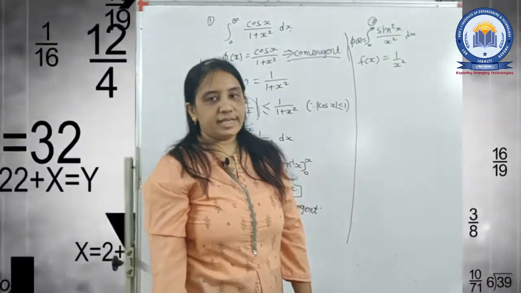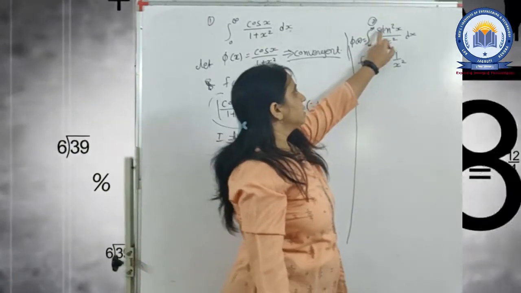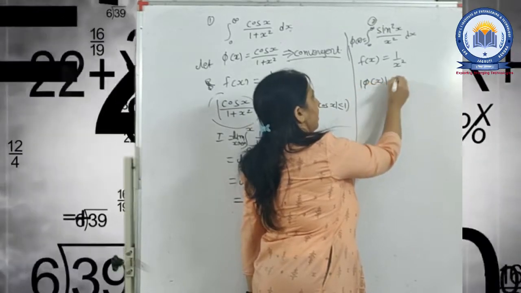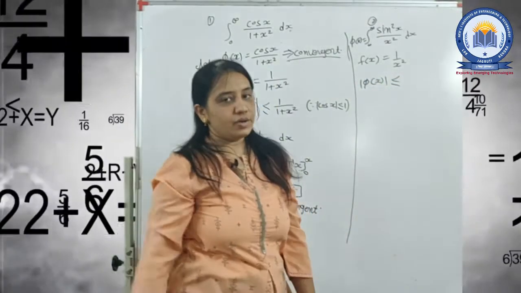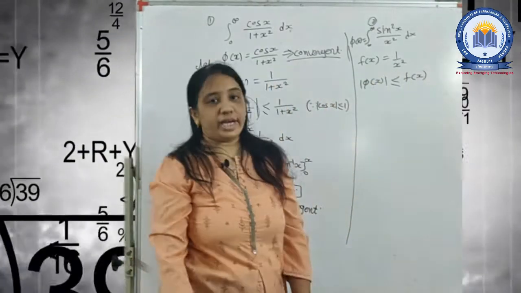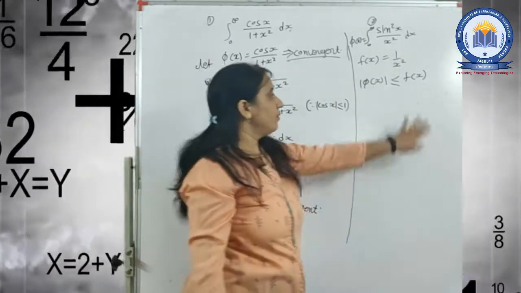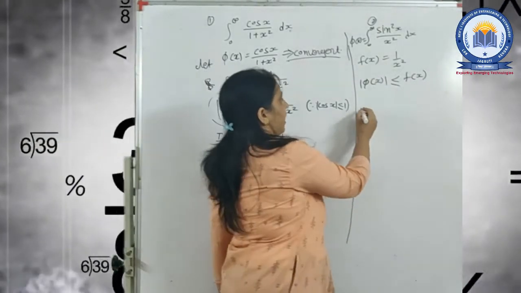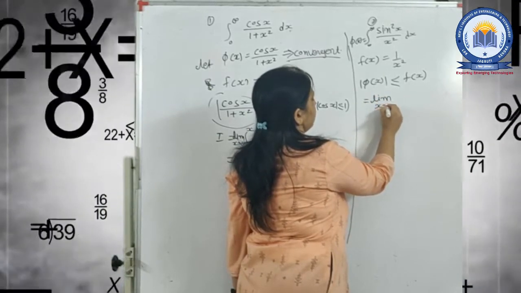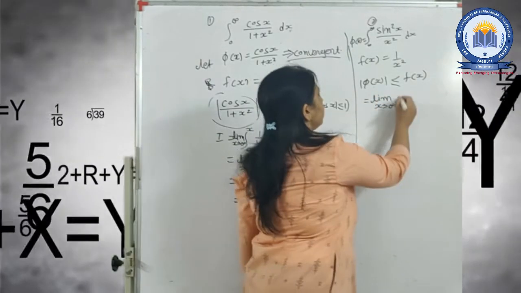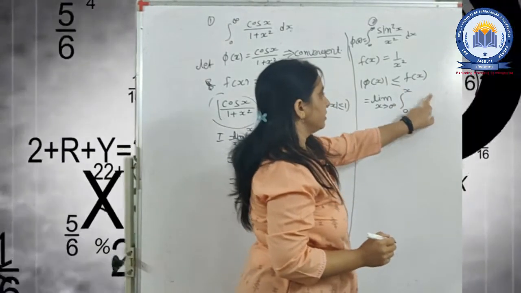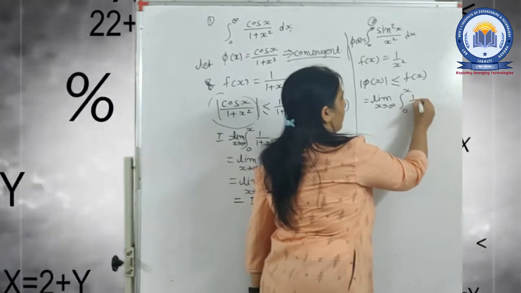Same as the previous case, sin square x upon x square, that means phi x is always less than or equal to fx. So we'll check the convergency of fx. We'll write it as limit x tends to infinity, integration 0 to x fx dx. Instead of fx, 1 upon x square dx.